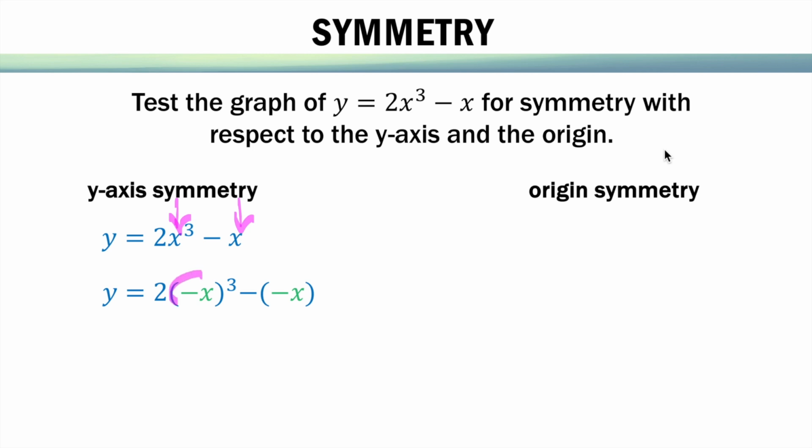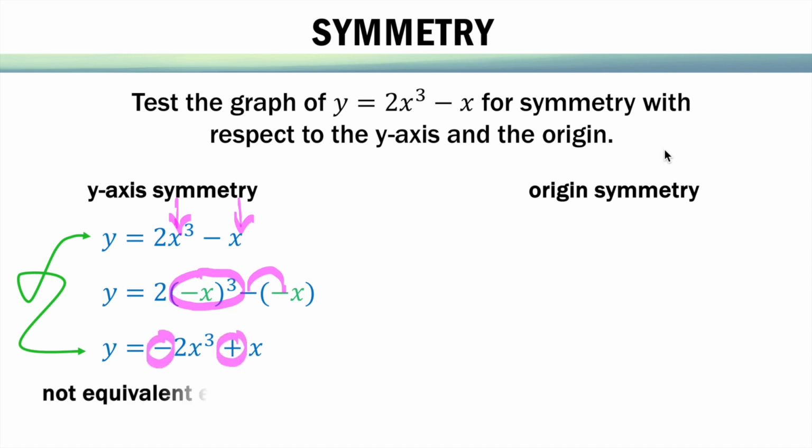So if we have a negative x cubed, that's going to stay negative, and then negative times a negative is positive, so we end up with y equals negative 2x cubed plus x. Now the question is, are those equivalent equations? Well, because of this negative right here and the positive right here, those aren't equivalent equations. So we know that this equation is not symmetric about the y-axis.